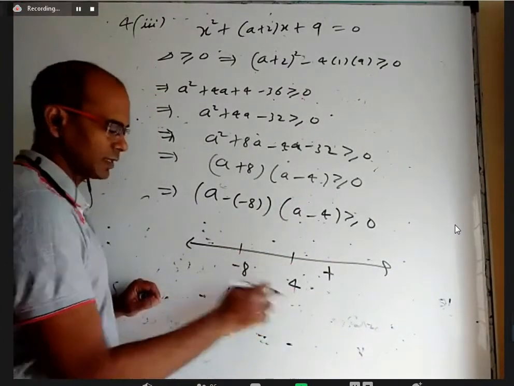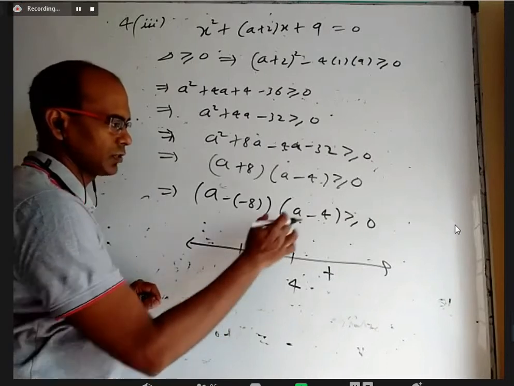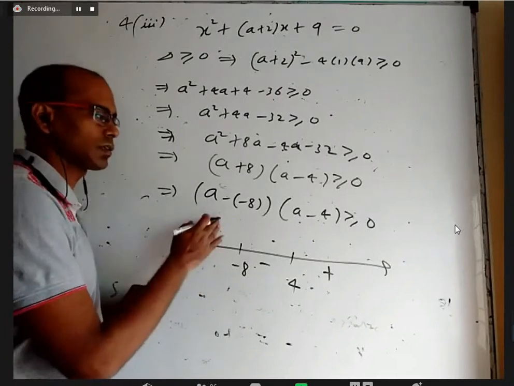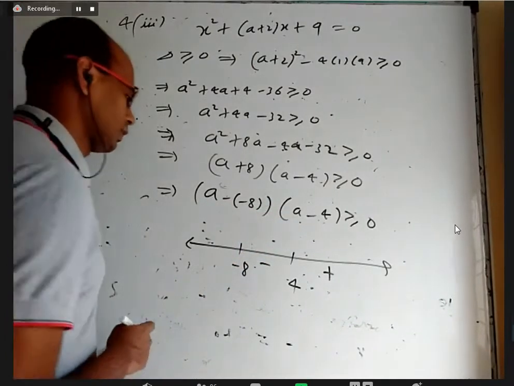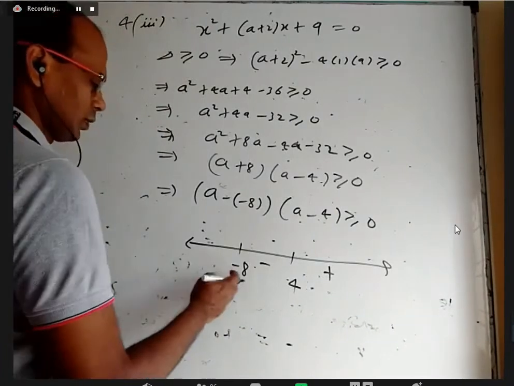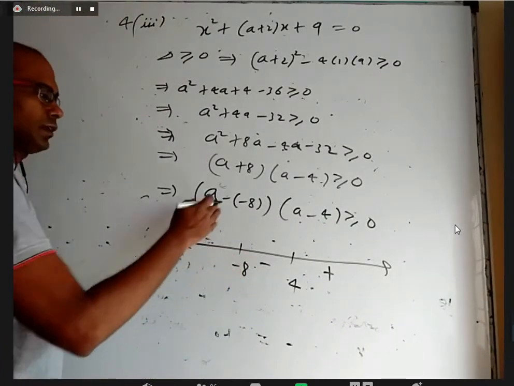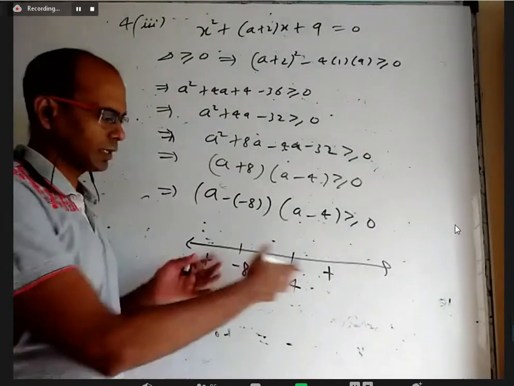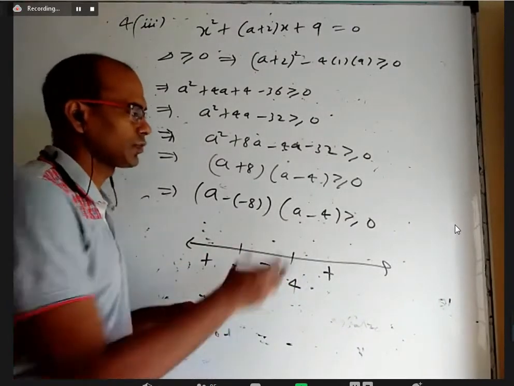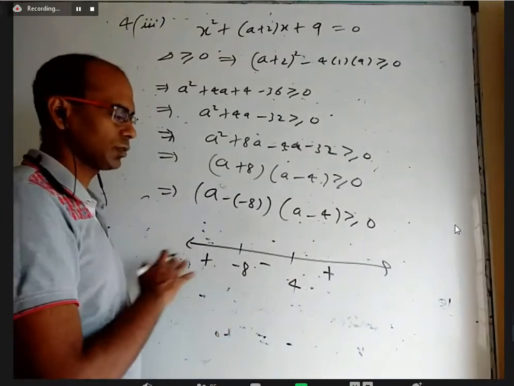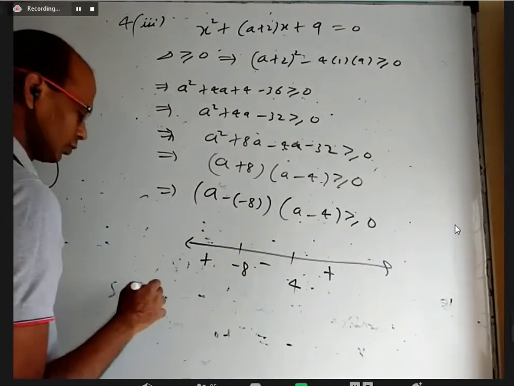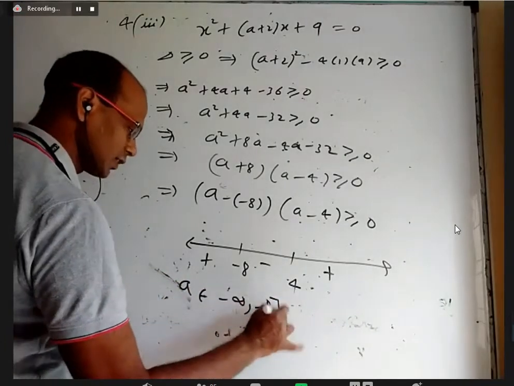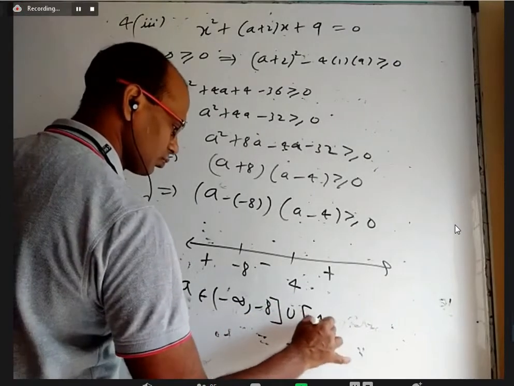If we take anything between minus 8 and 4, this will be negative, this will be positive, so it will be negative. Take anything before minus 8, say minus 9: this is negative, this is negative, the product is positive. Usually they come alternately. Why, we'll discuss a little later, but we already discussed the quadratic part. So if you want it positive, it is beyond 4 or before minus 8, including 4 and including minus 8. So a should belong to minus infinity to minus 8 closed, union 4 closed to infinity.